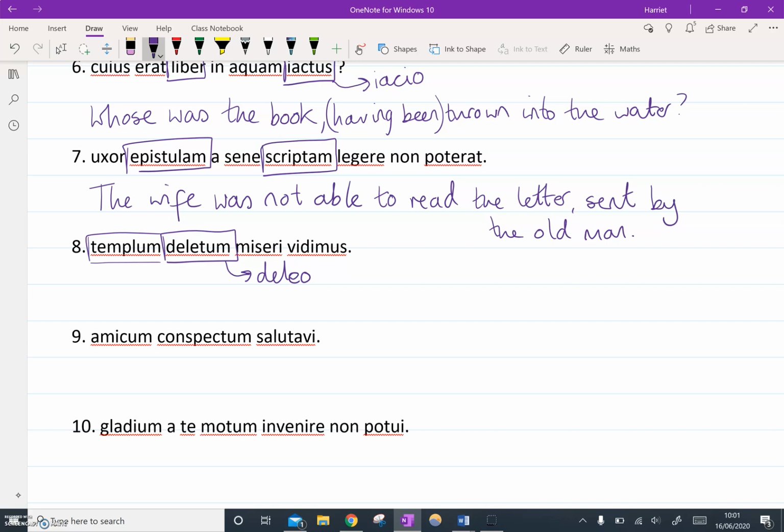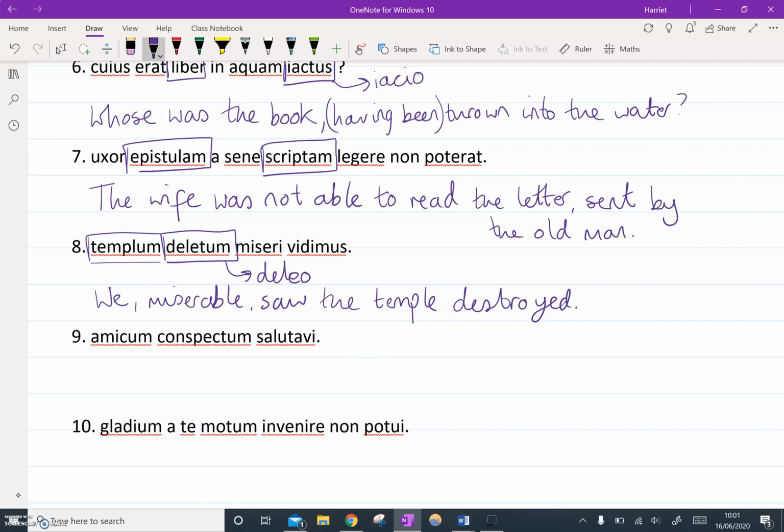Okay. So miseri means miserable or sad. So we, miserable, saw, templum deletum, the temple. And then you could say having been destroyed or just destroyed. And in fact, you don't even need that comma there.